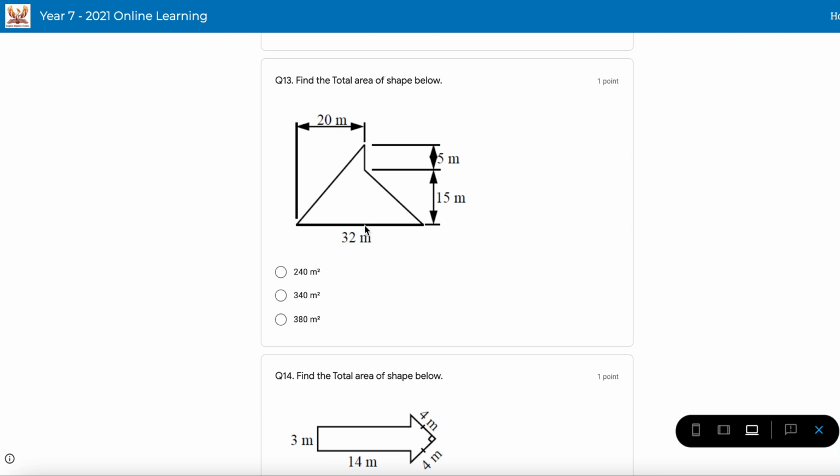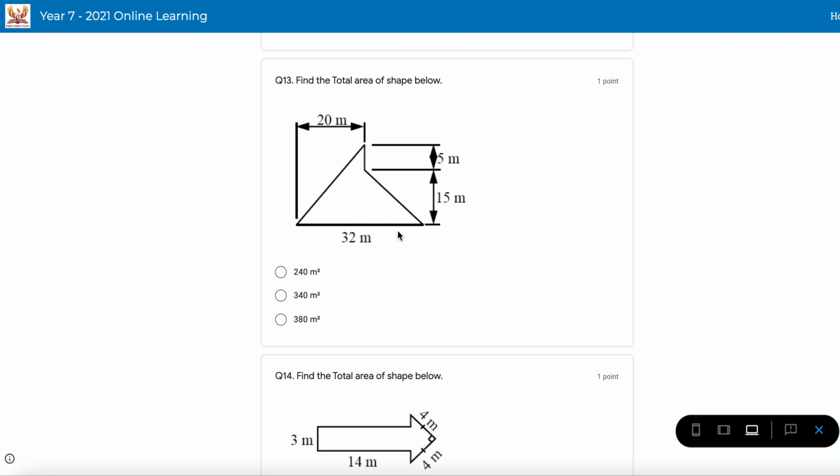So that means that this leftover bit from here to here is 12 meters, and that's the base of our smaller triangle. That's what we need. We need the base of this triangle to find the area of it. So we can even label it. You might like to draw this whole diagram in your book so you can keep track of all the lengths and areas. I know my base here of this smaller triangle is 12 meters.